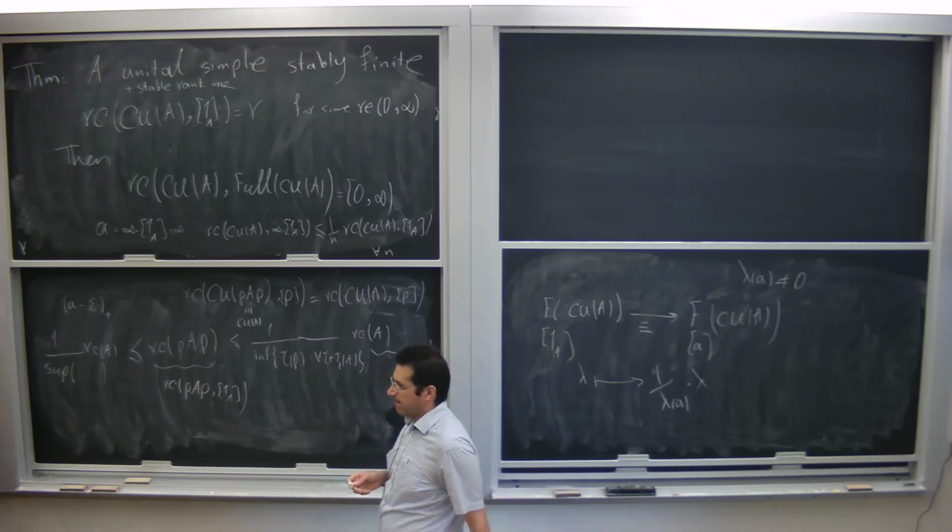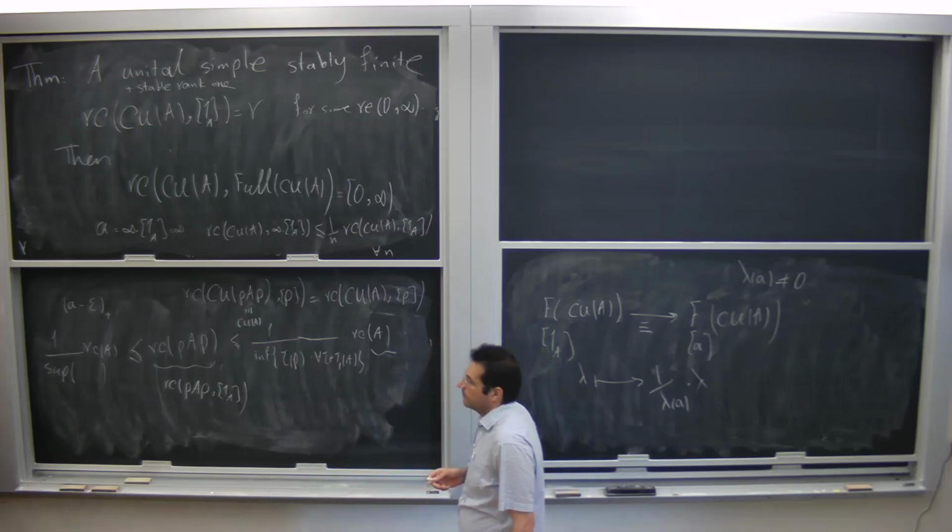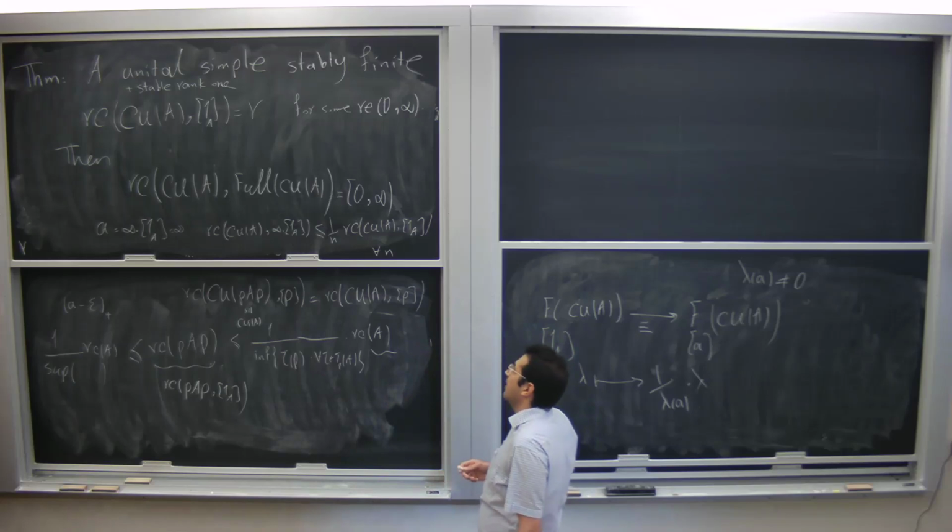And you're saying that you're looking at full elements, and for any number you can find a full element to get any possible radius of comparison. Does that say something like, I have some kind of subalgebra sitting inside of my original algebra with a different radius of comparison? I don't understand.